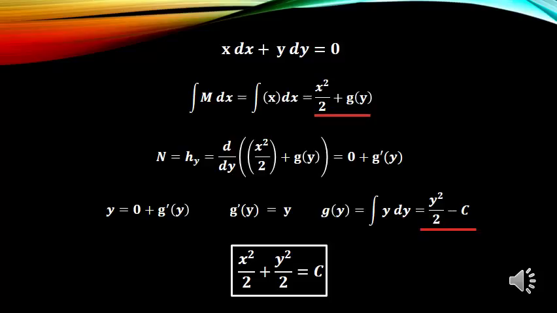Finally, we include the function of y in the equation, and we obtain the answer x^2/2 + y^2/2 = constant.